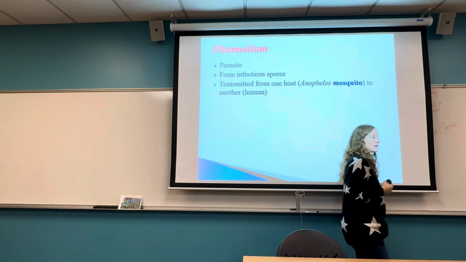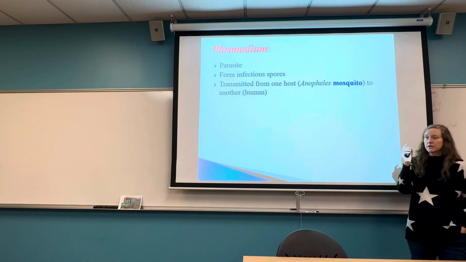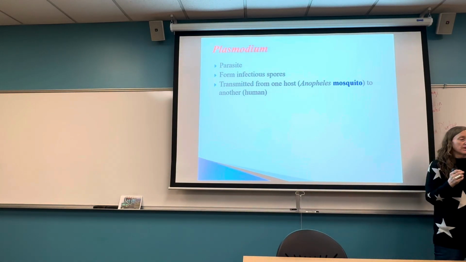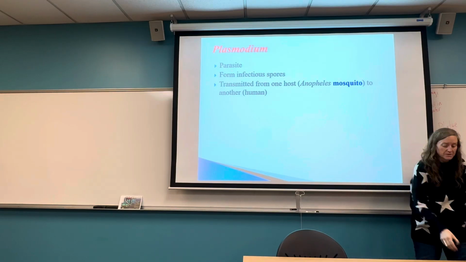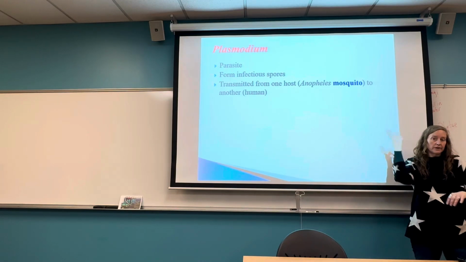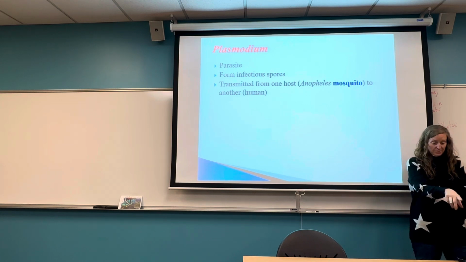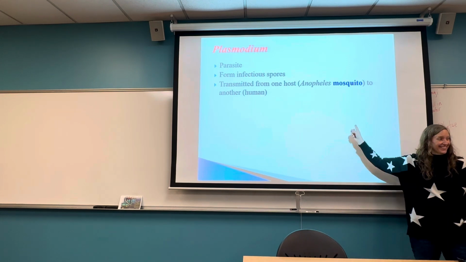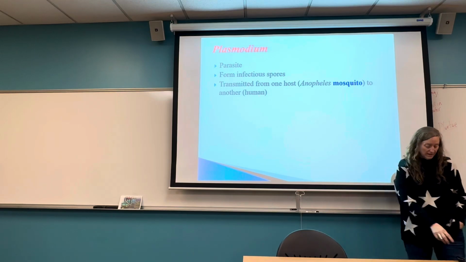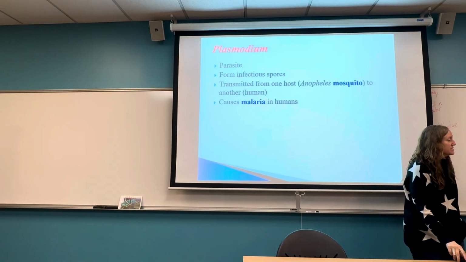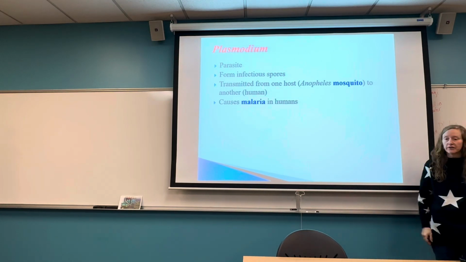They infect a mosquito and produce these microscopic spores. And then when a mosquito stings a human or another organism, the stinger basically injects this into the human. And then in our bodies, what happens is we get malaria.